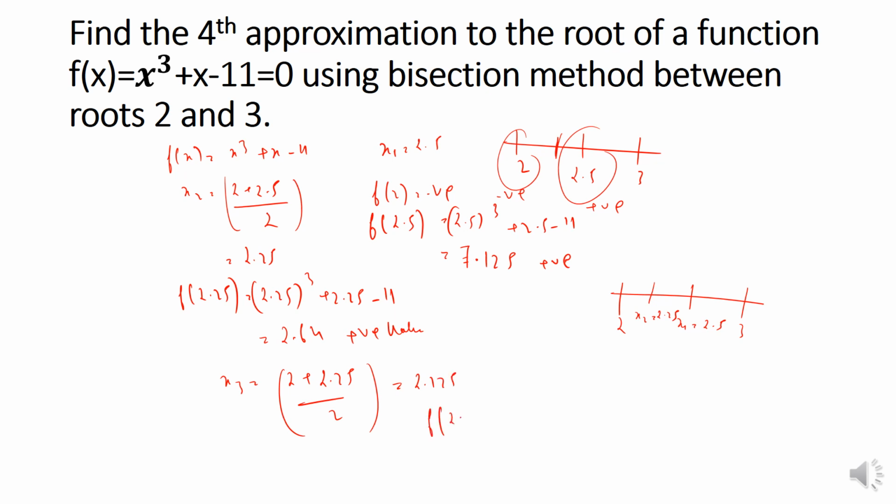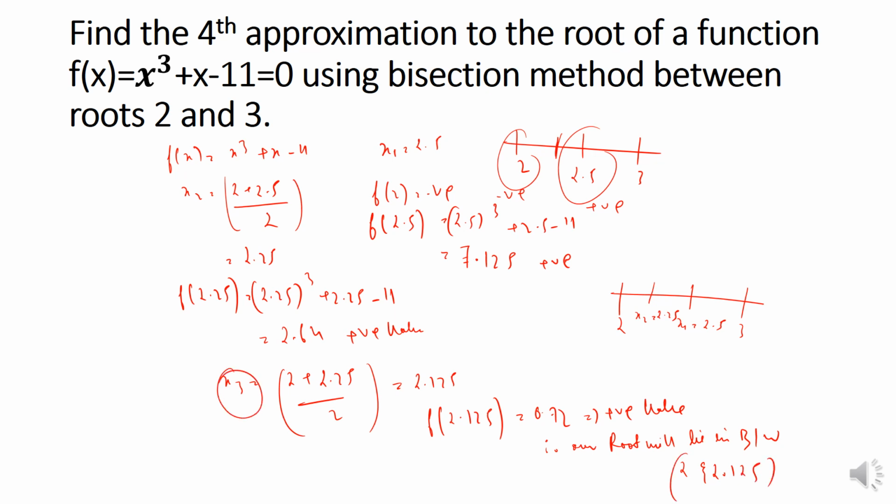If we find f of 2.125, this value comes down to 0.72. This is once again a positive value. Therefore, our root will lie in between 2 and 2.125. So till now we have found out till x3. Now the question actually asked for the fourth approximation.